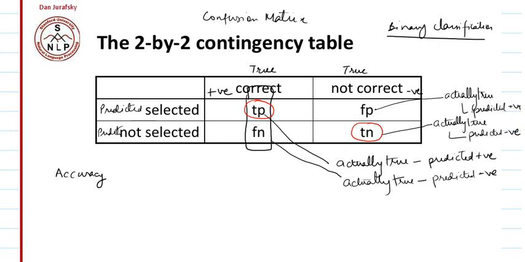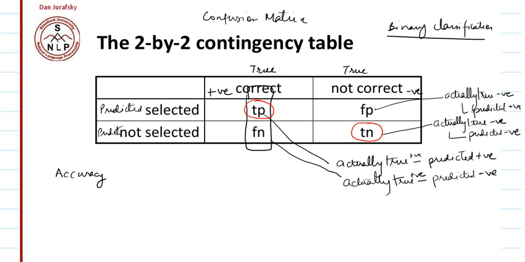So it is actually true negative, but it is predicted positive.